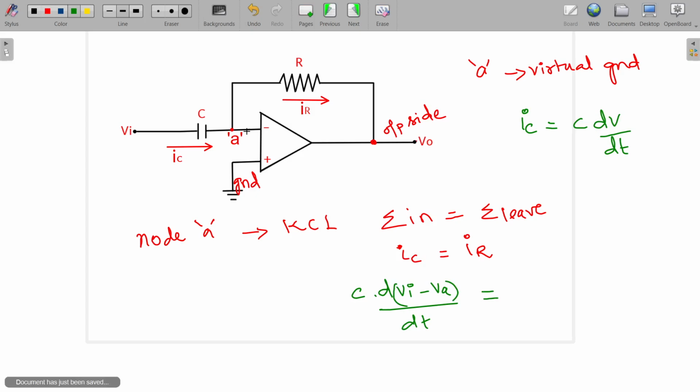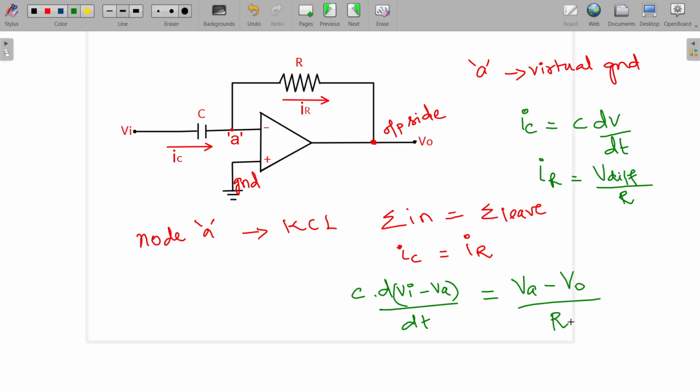What is IR? We know, using Ohm's law, the current through the resistance is nothing but the potential difference between 2 points divided by that resistance R. Here it is flowing from this A node to the output side V0. So it is (Va minus V0), the difference in potential, divided by the resistance value R.